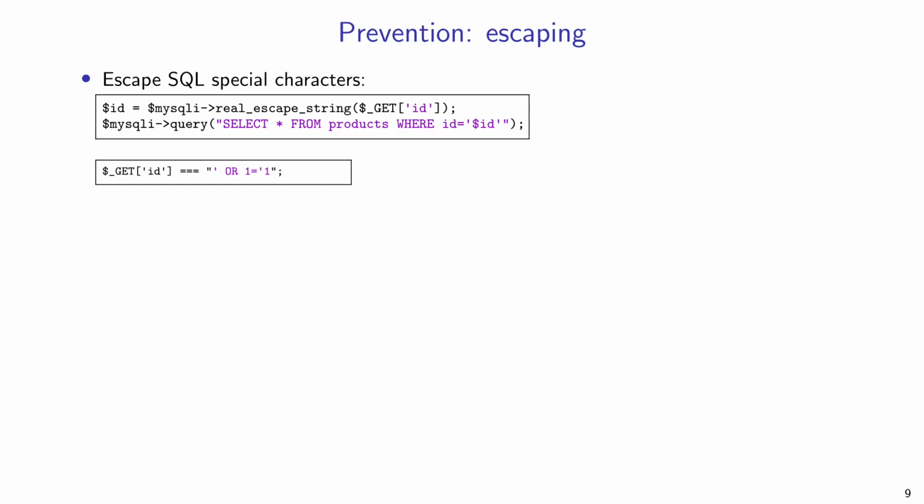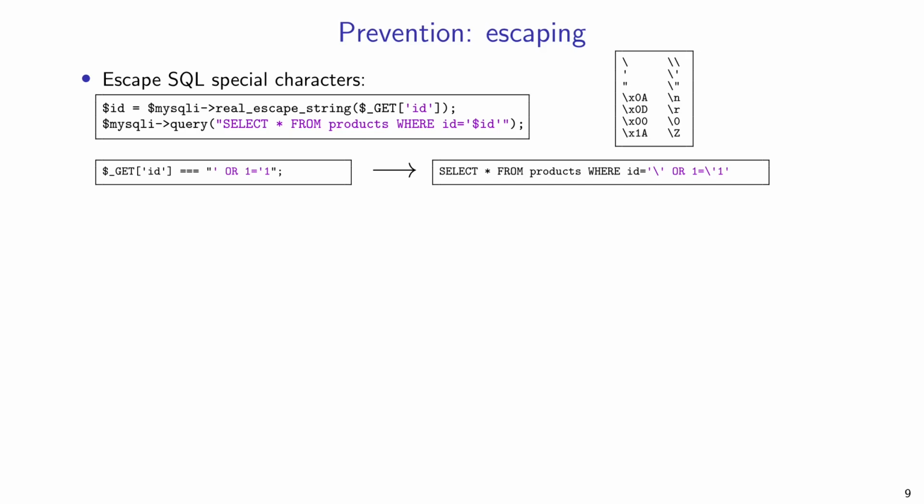What it does is that if the value contains quotes, the function escapes them by prepending a backslash, and these quotes will then be interpreted as string literals that are part of the value, and thereby this prevents SQL injection attacks. What this function does is that it replaces these characters with these two characters.